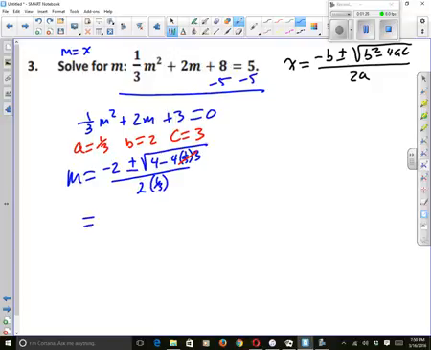All right, so we've got -2 plus or minus the square root of 4 minus 4 all over 2/3.